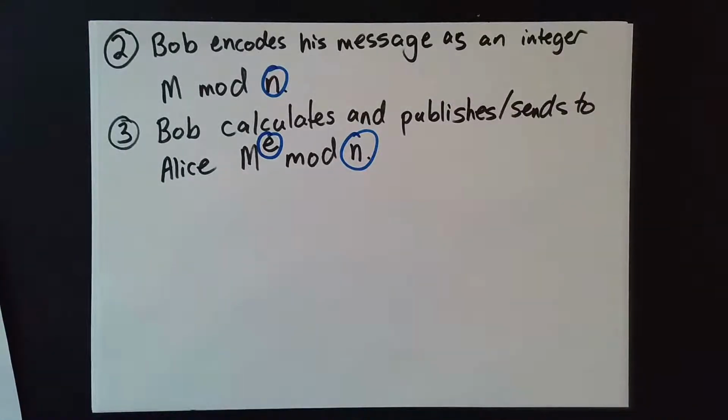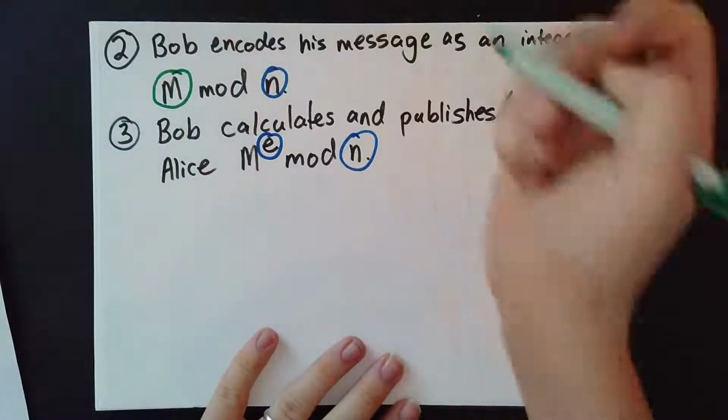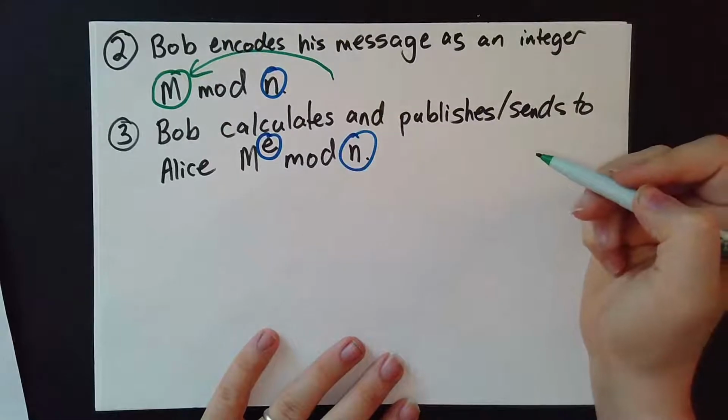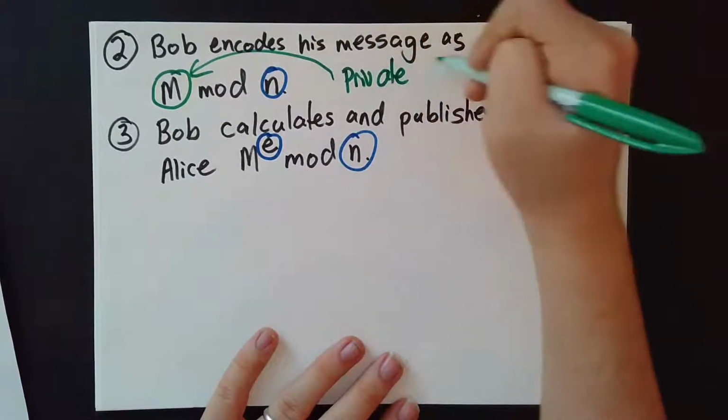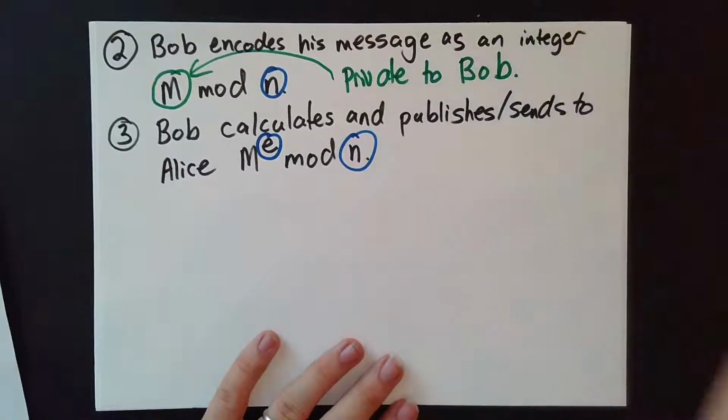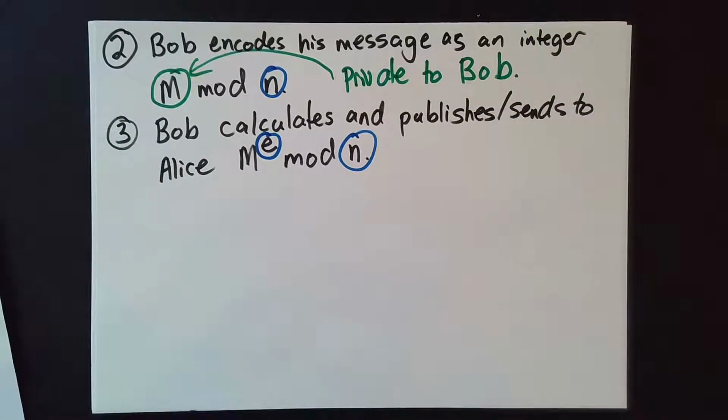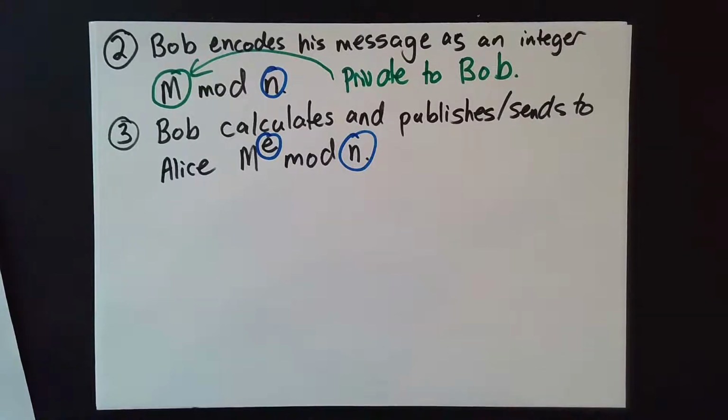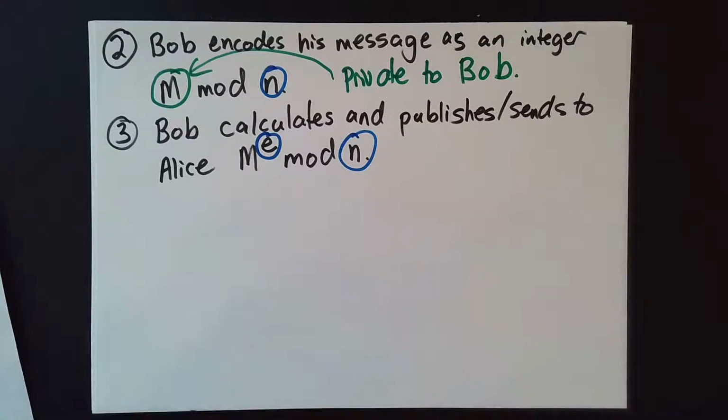And m, the message, is a piece of information that is private to Bob. So really, there are only these four pieces of information to keep track of: the modulus n and the encryption exponent e, both of which are the public key that everyone knows, the private key, which is Alice's d, and the message, which is Bob's m.